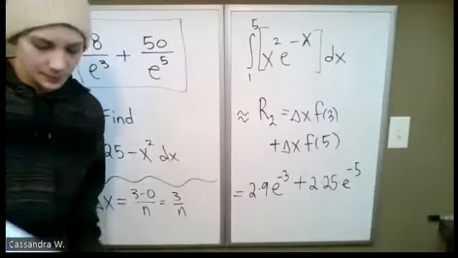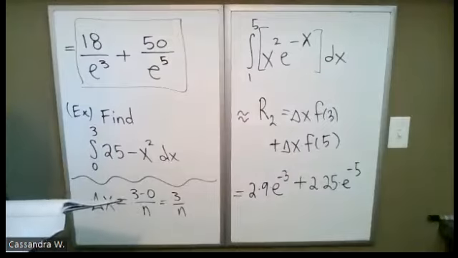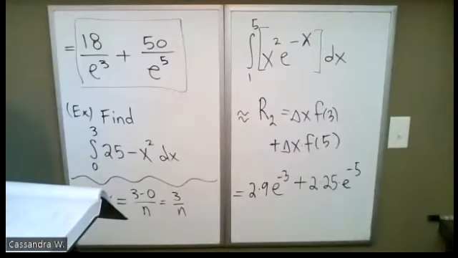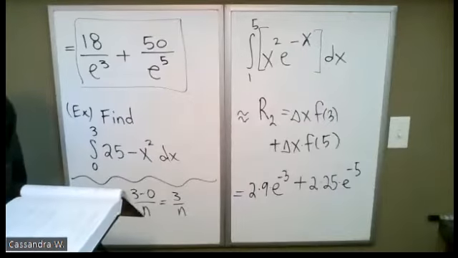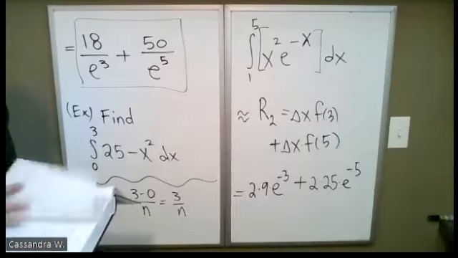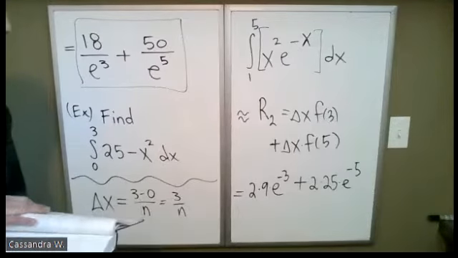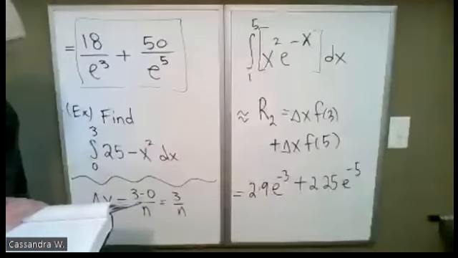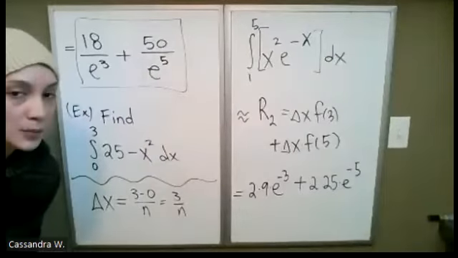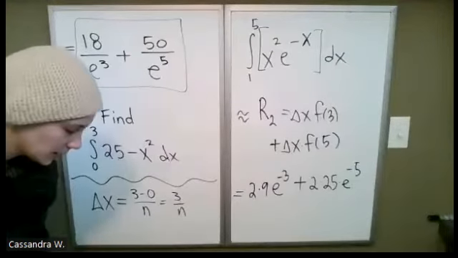Okay, getting closer. So in the book, this book says that delta x is to represent a change, either a change in x or a change in y.